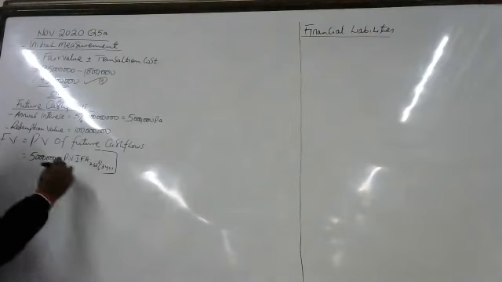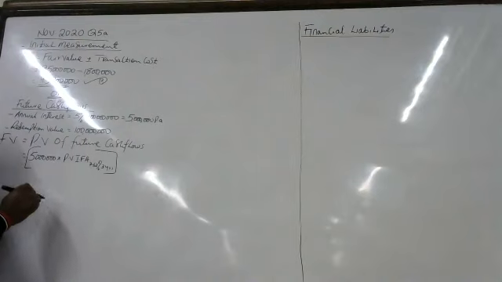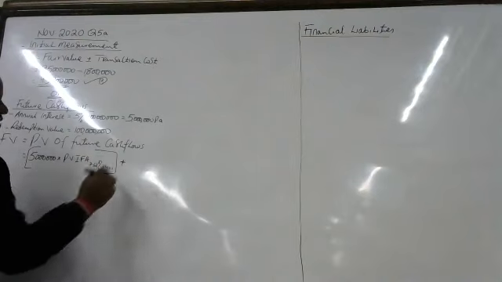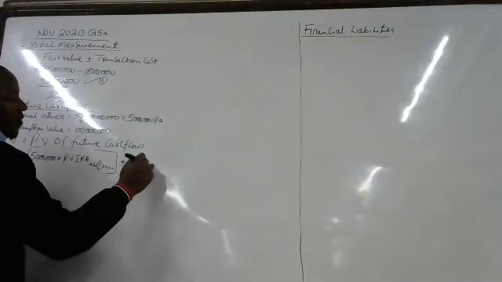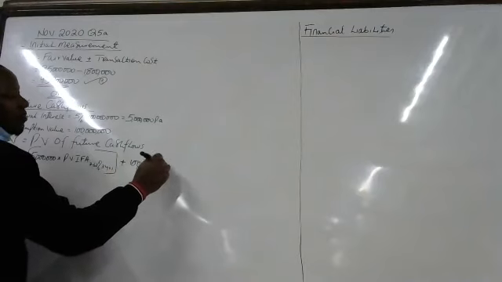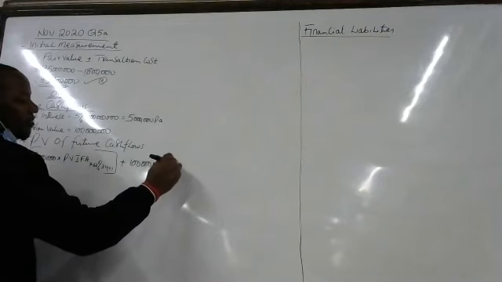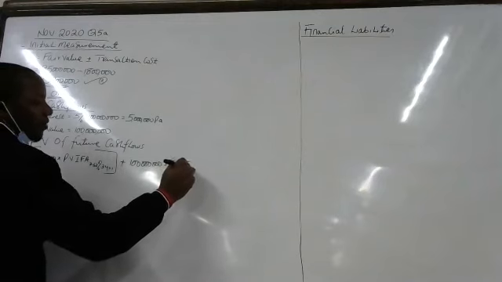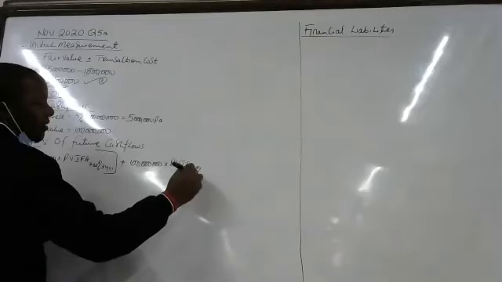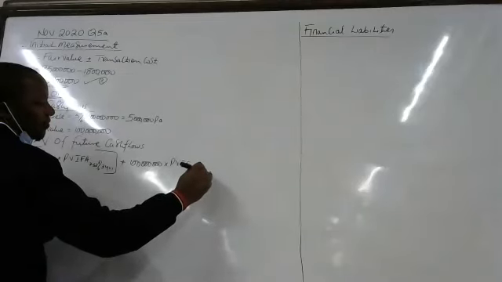That is the annuity factor, plus at the end of the 3 years they will pay 100 million multiplied by the present value interest factor, 7.62%, 3 years.